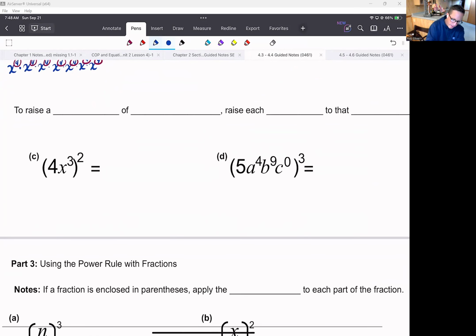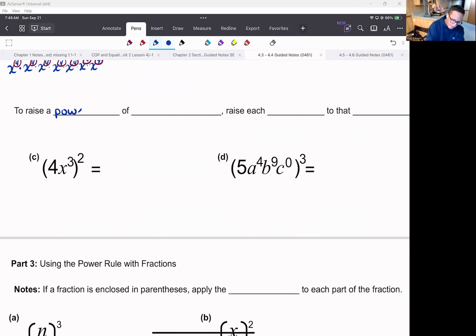So to raise a power to a power, raise each variable to that power. Now, I'm going to use the word distributed, and it feels like the distributive property, but it really isn't.